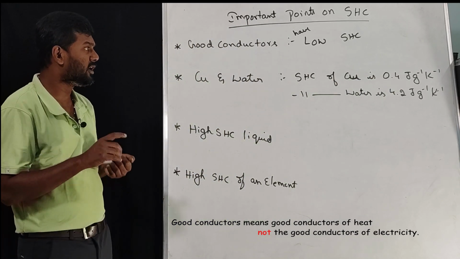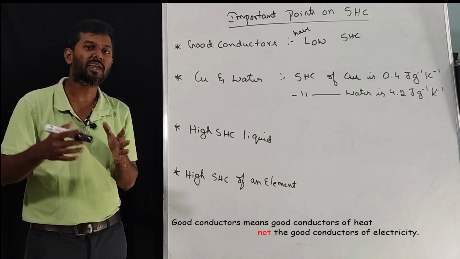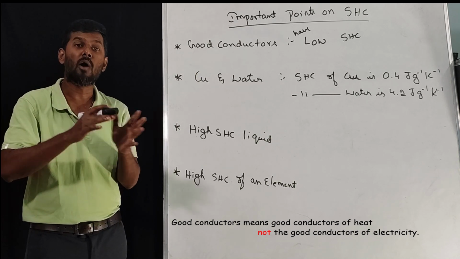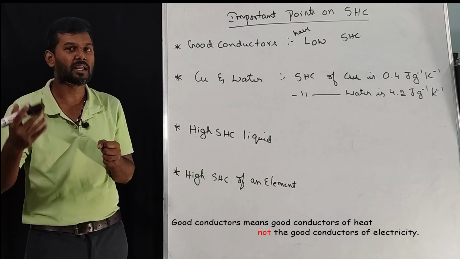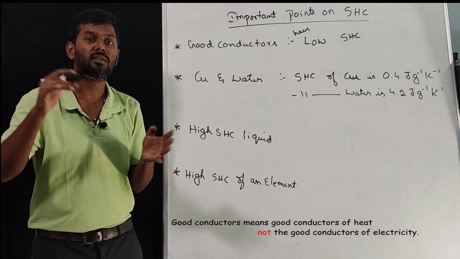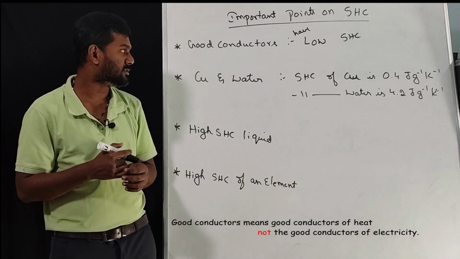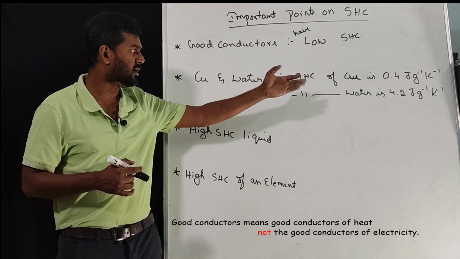Listen, first thing you need to understand is why there is a difference like this. Specific heat capacity tells us for how long an object can store heat energy. The value of specific heat capacity tells us for how long the heat energy can be stored in an object. Take the example of copper and water.